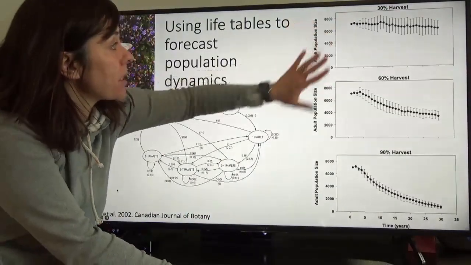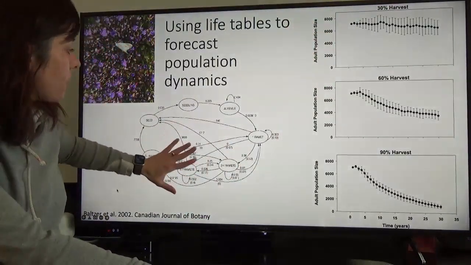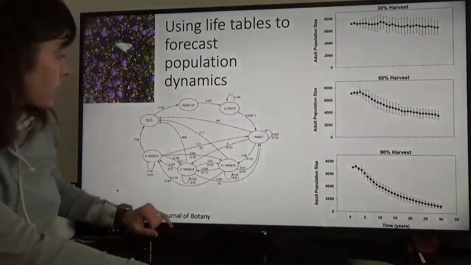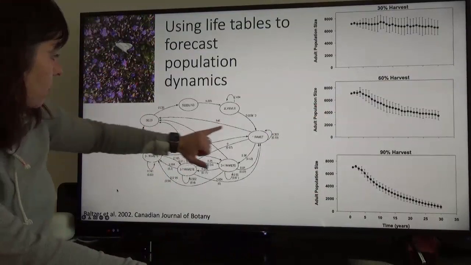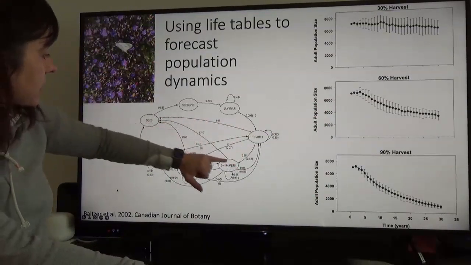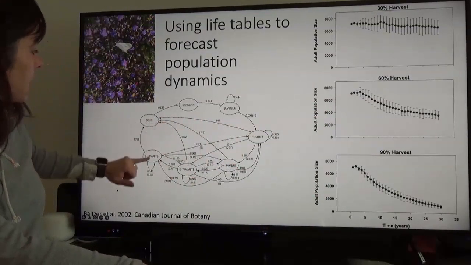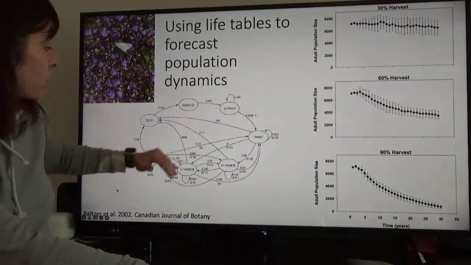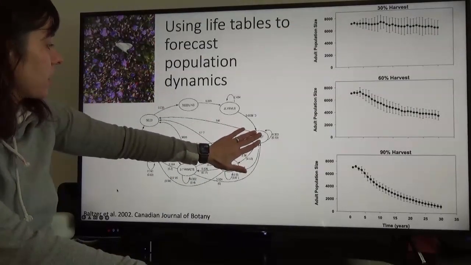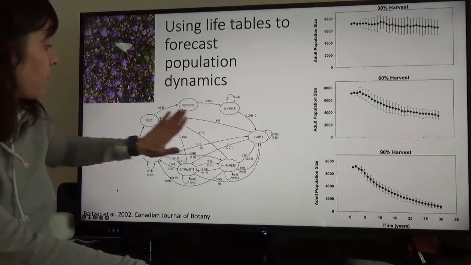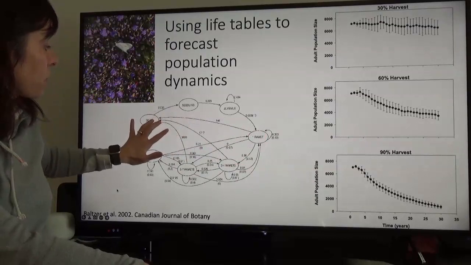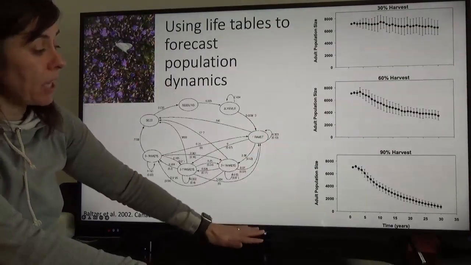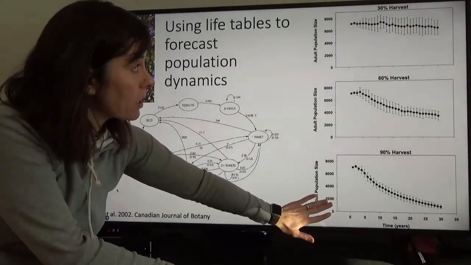So we could manipulate harvest and say, okay, we're going to harvest 30%, 60%, 90% of flower stalks. And what that did was reduce the transitions that feed into the seed category by that proportion. So we reduced the reproductive output transitions by these amounts and looked at the implications for population dynamics.